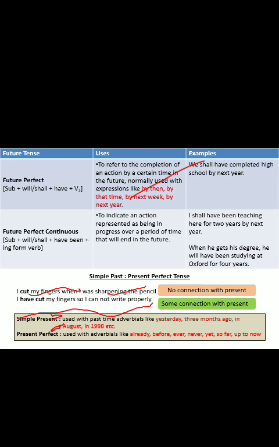Simple past are associated with past time like yesterday, 3 months ago, in August, in 1998, etc. In the previous year, you can say some any other words which depict some time earlier than now.